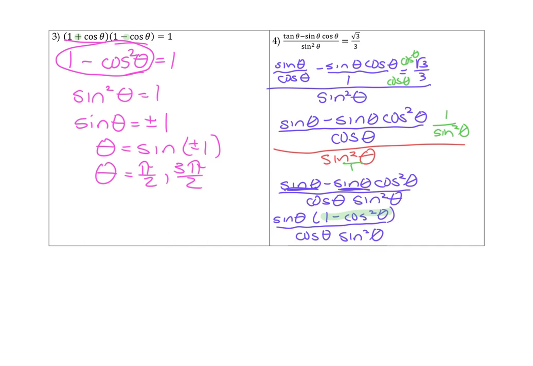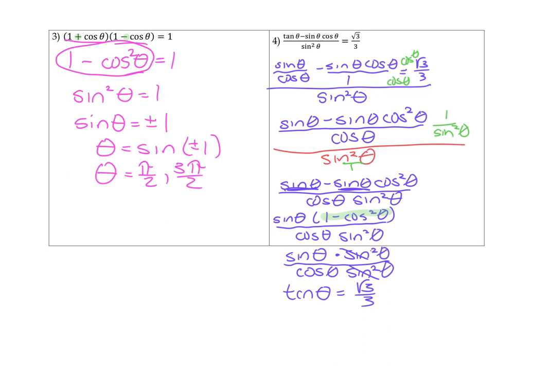So I've got sine theta times sine squared theta over cosine theta sine squared theta. And sine over cosine is tan theta. And I'm going to bring back down that root 3 over 3.